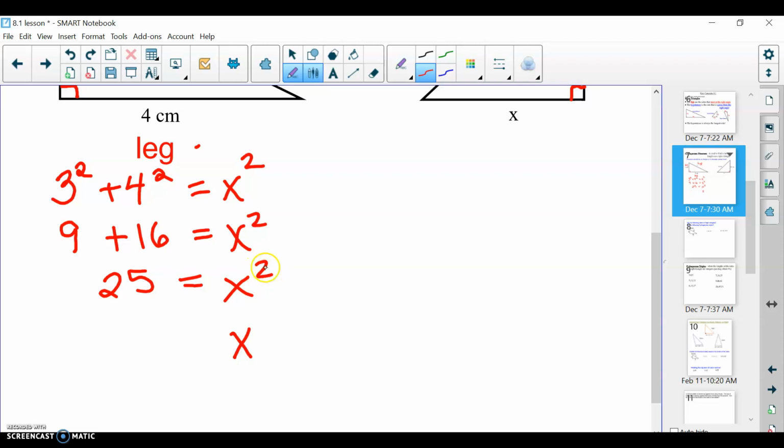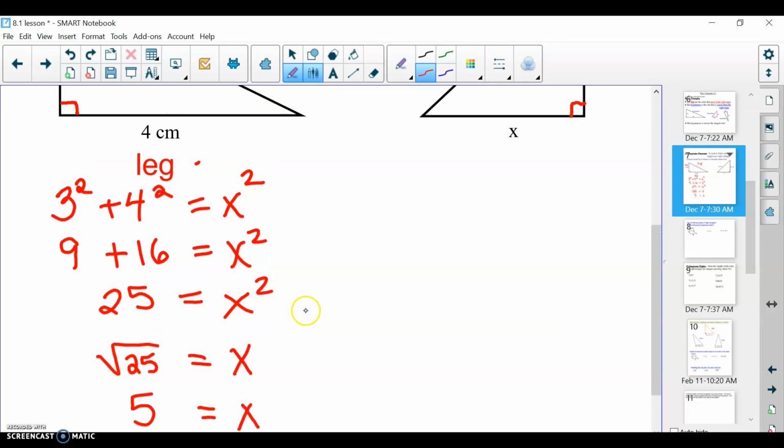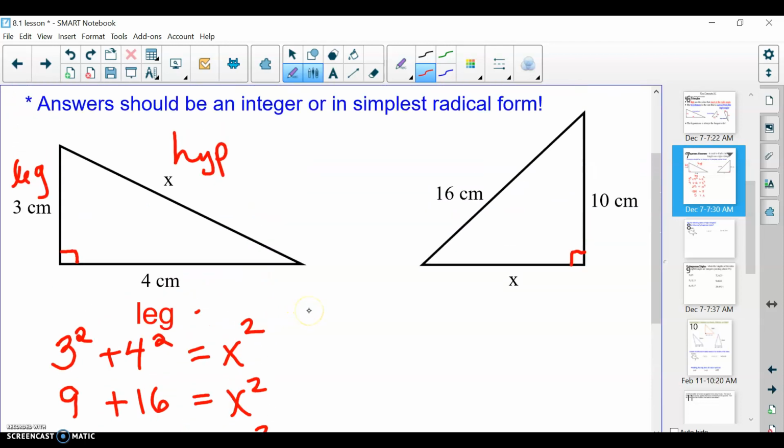So to get rid of this little 2 here, we would take the square root of 25. And the square root of 25 is 5. So that missing side length, that hypotenuse, is 5. So up here, this is a 5.